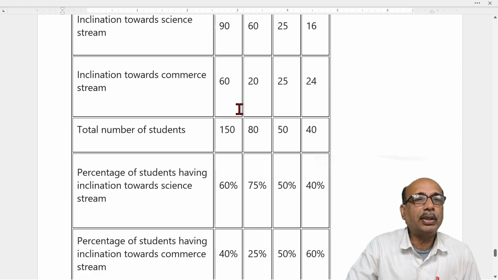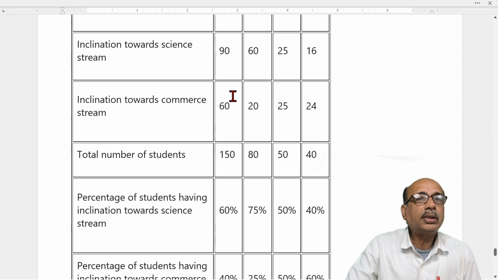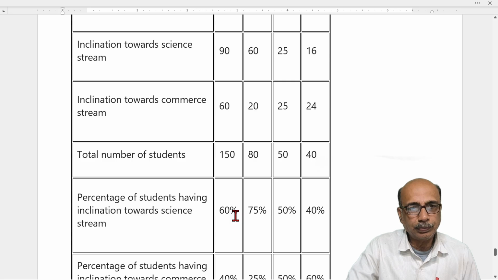So what we will do, students attracted towards the science stream of that school, 90 out of 150. So 90 upon 150 into 100 equals 60%. Next, 60 upon 80 into 100 equals 75%.